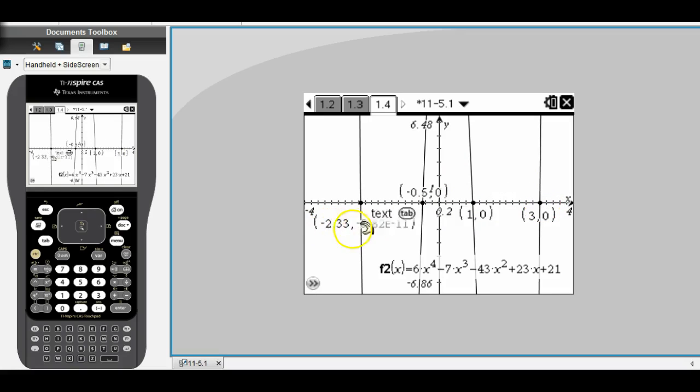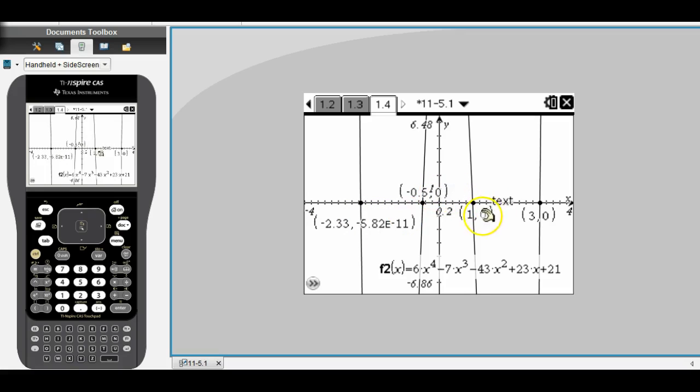So you can see here what we got. Now this one looks a little funny because we've got a negative 5.8 times 10 to the negative 11. What that really means is a really small decimal. So when the calculator was trying to identify where this zero occurred, it wasn't able to get it exactly on the x-axis, but it got it pretty close. So this is really the point negative 2.3, 0.